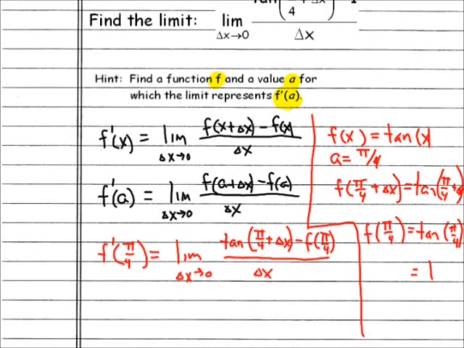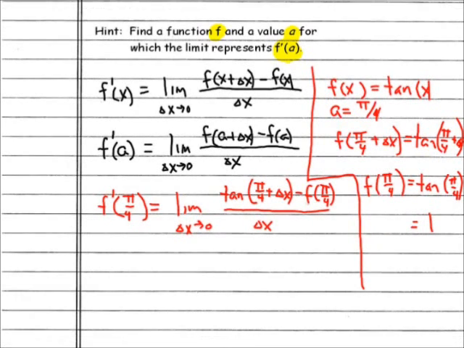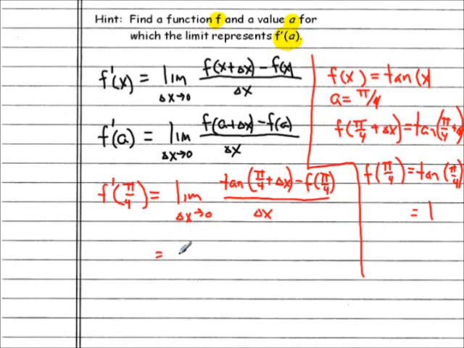So what we have over here as we're calculating f prime of pi over 4 ends up being, let's write it one more time, the limit as delta x approaches 0 of the tangent of pi over 4 plus delta x minus, since f of pi over 4 is 1, it's minus 1 all over delta x.